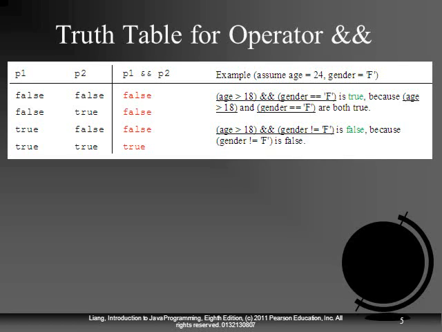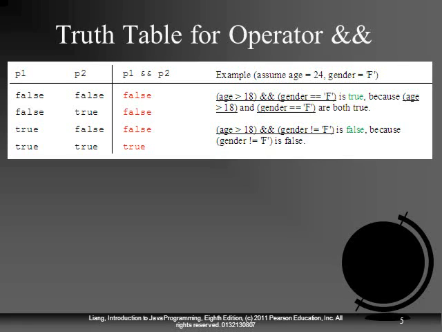With the AND operator, the only time we have a true outcome is when both propositions are true. So if we look at our assumptions, and then we test that age greater than 18, well, that's true, and gender equals male, that is true.